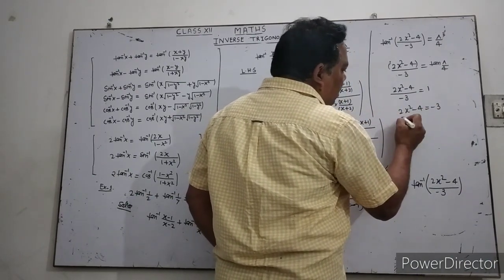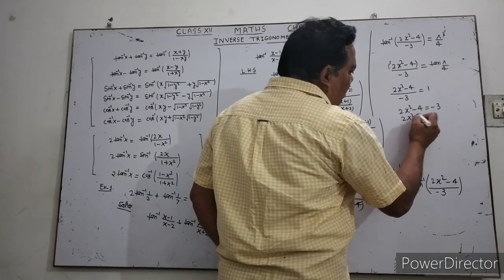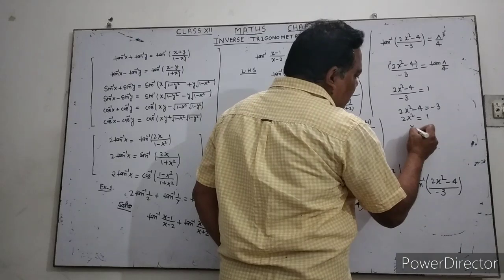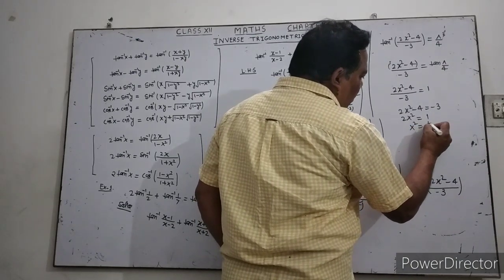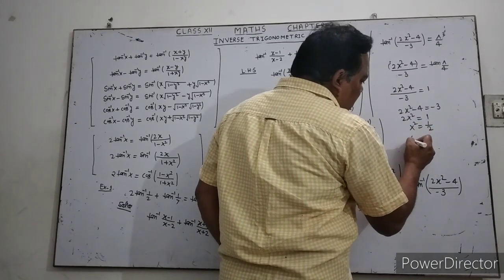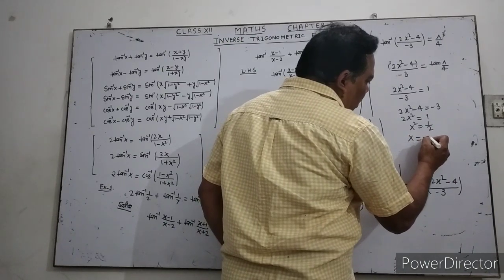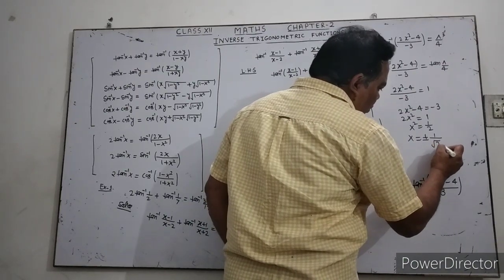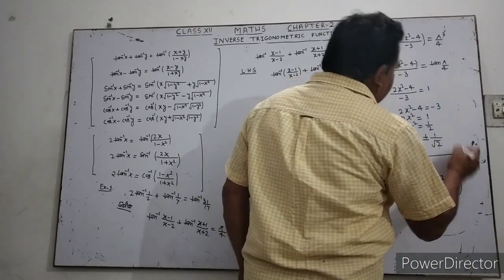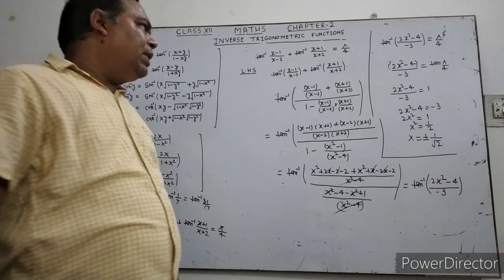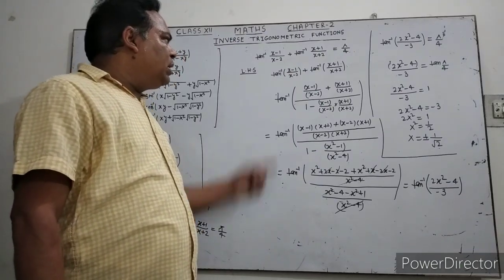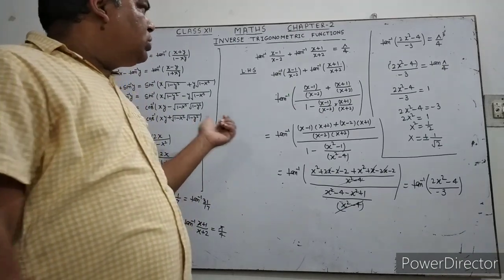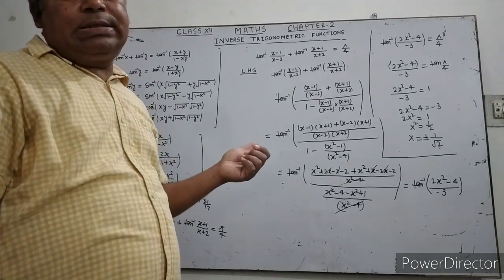Transfer: 2x square equals 1, so x square is 1 by 2 and x equals plus or minus 1 by square root of 2. This is the answer. Students, when the question says solve, you take the left and right sides, use the formula and find the value of x.